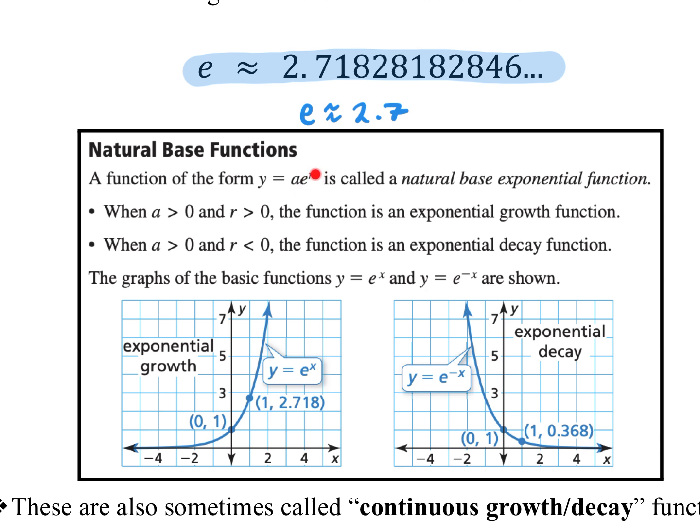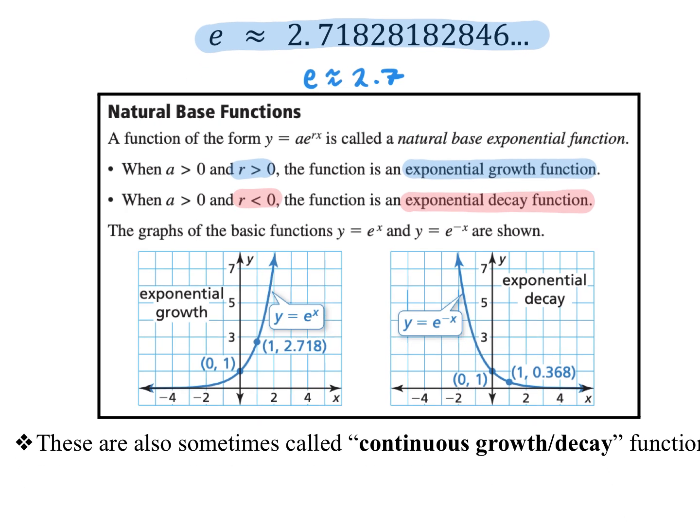So essentially, if you see a positive exponent, so if r is greater than 0, then it will be an exponential growth function. So it will increase as you move to the right. But if you see a negative in the exponent, or if r is less than 0, then it represents exponential decay, and you will decrease or get closer to 0 as you move towards the right.